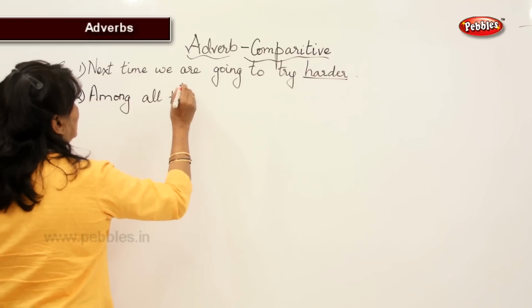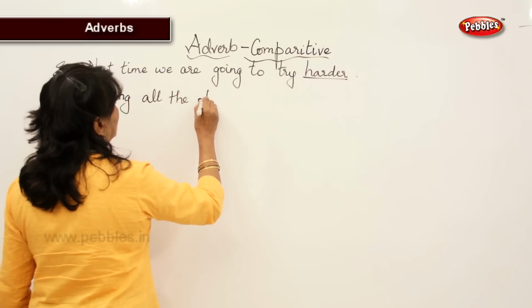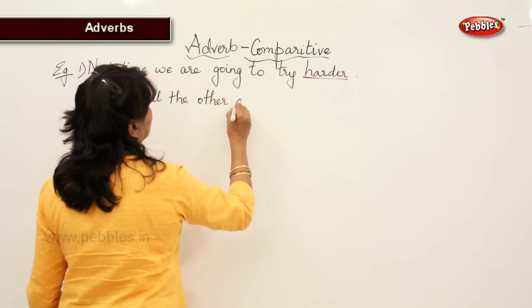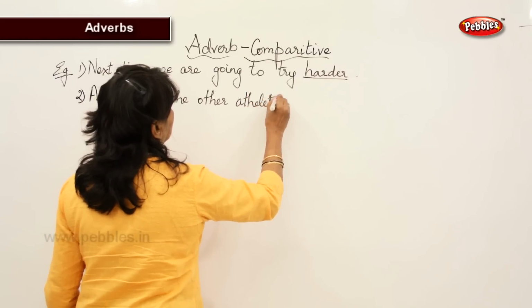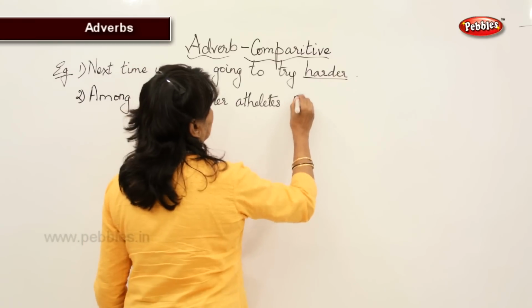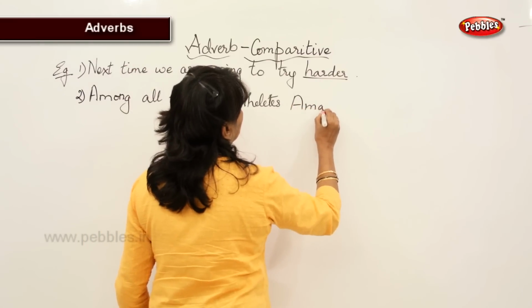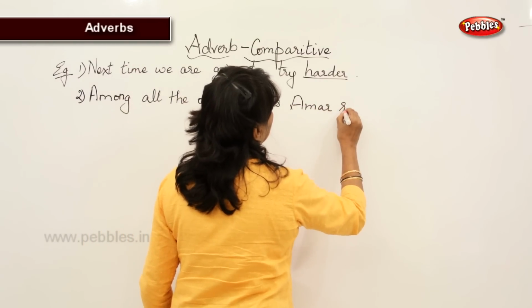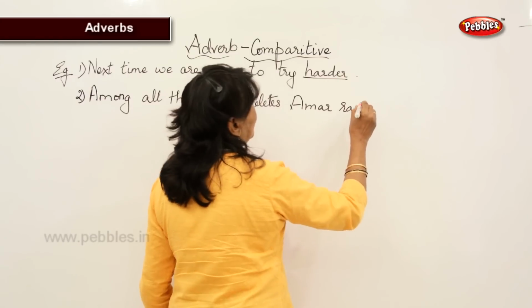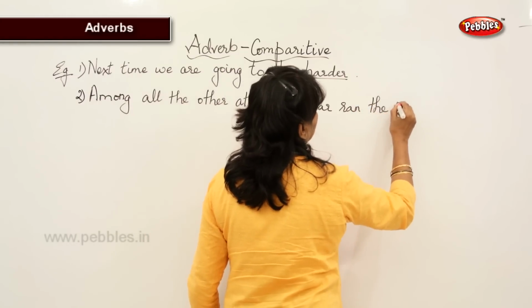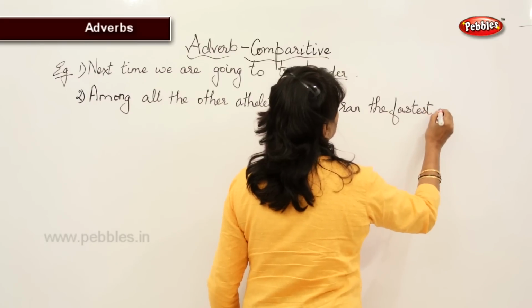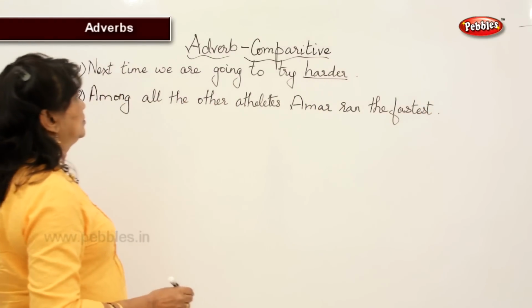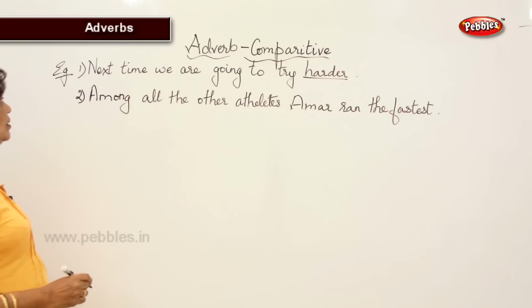Among all the other athletes, Amar ran the fastest. Okay.